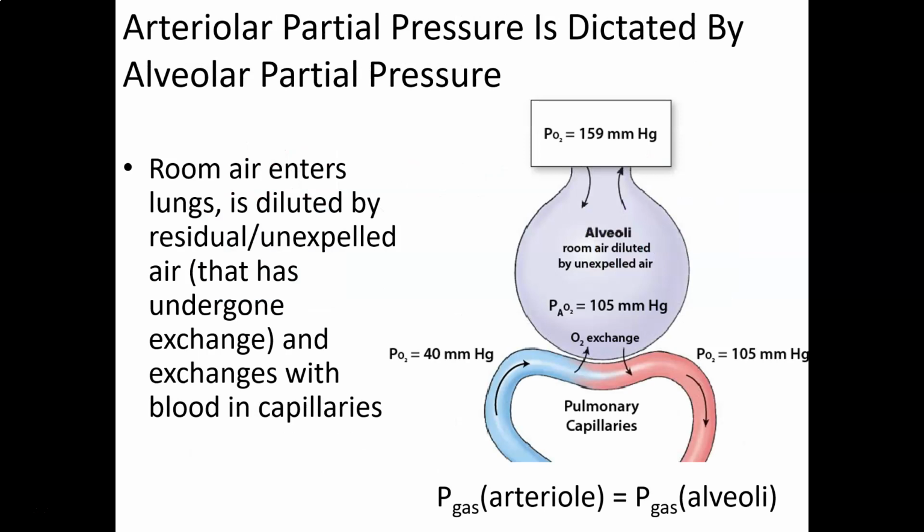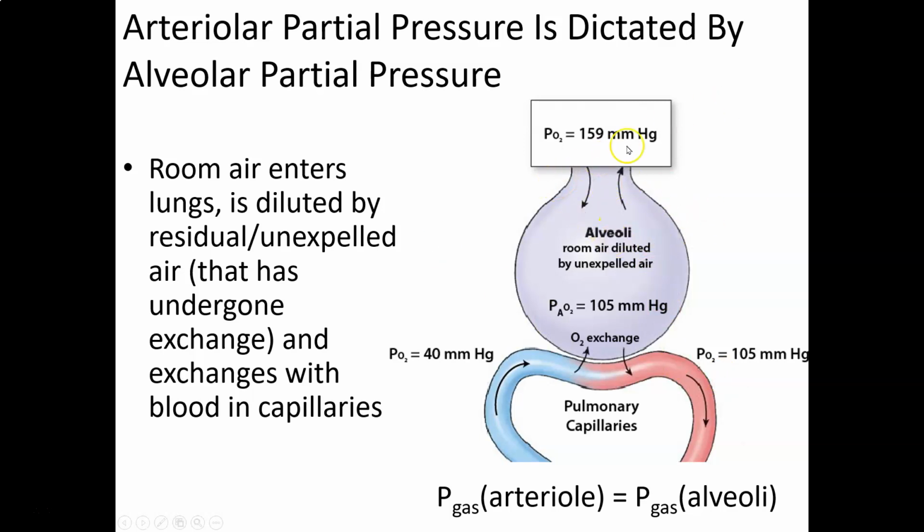So the partial pressure of a gas, and we'll talk more about partial pressures in the next section, but partial pressures are important in terms of being able to move gas from certain parts of our body and get gas where we need it to go, whether it's inside our body for oxygen primarily or outside our body for CO2 primarily.